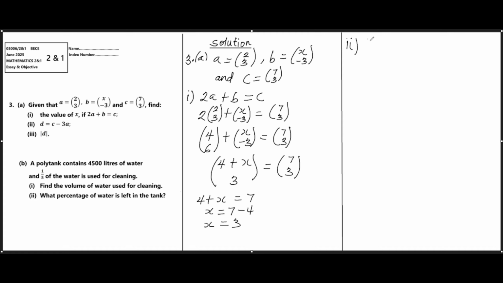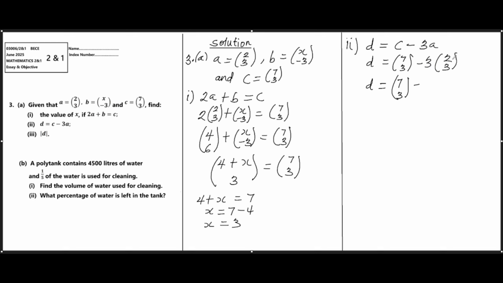Now we have to find vector d, given that vector d is equal to c minus 3a. So let's do the substitution. What is vector c? Vector c, we have 7, 3. So minus 3 multiplying vector a, that is 2, 3. So we have d equal to 7, 3, then let's multiply vector a by the scalar.